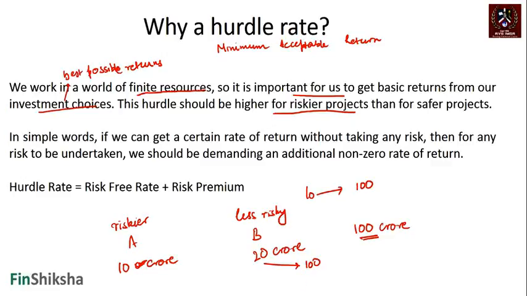So in a sense, because A is riskier, I am looking at a higher hurdle rate here. I would want a higher return. Higher return can be found either by investing less or by expecting it to give me more. Maybe it gives me 150.